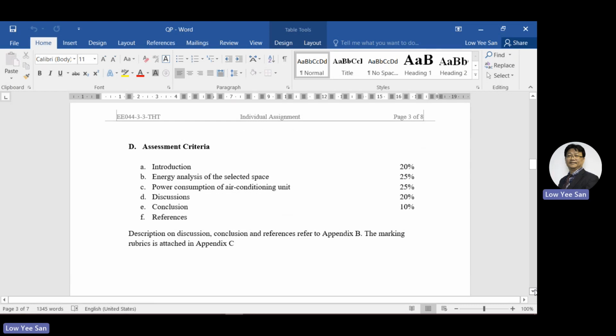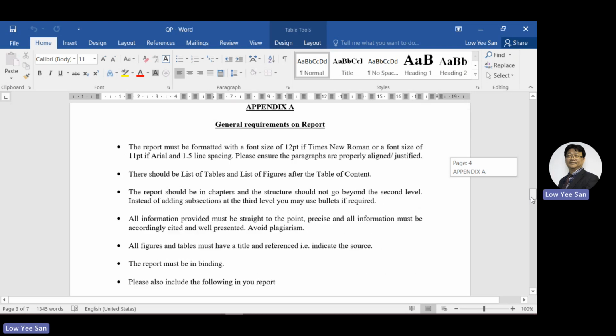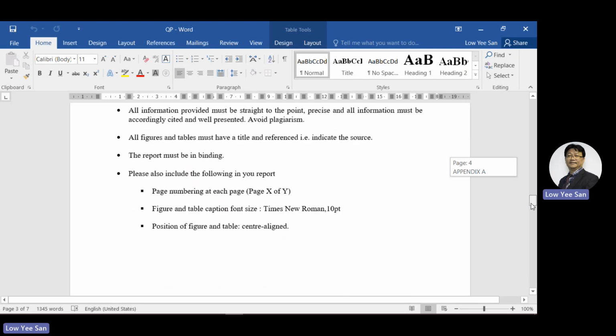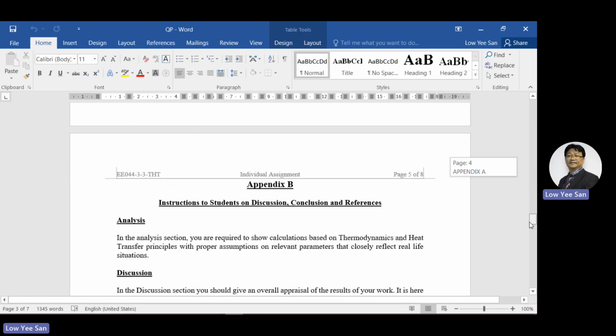Now, introduction 20 marks. Energy analysis 25 marks. Power consumption 25 marks, discussion 20, conclusion 10. But the appendix you can read yourself.